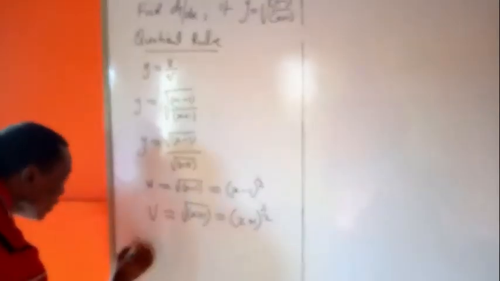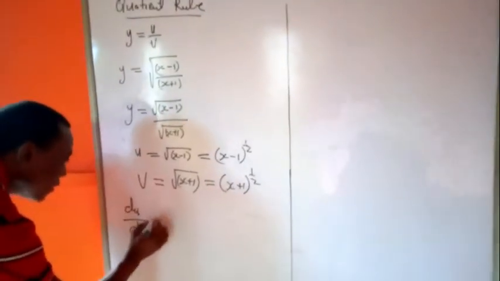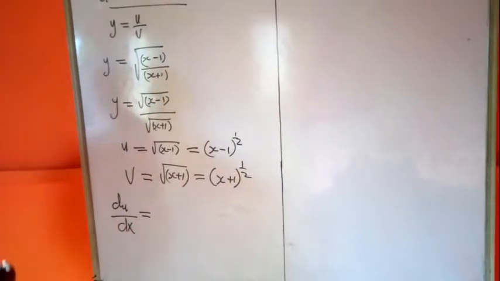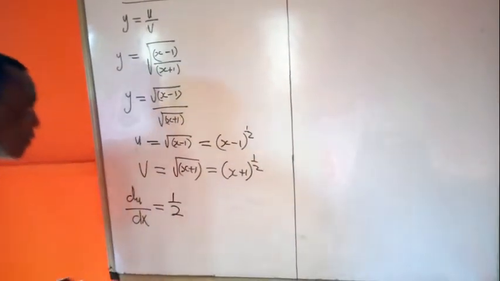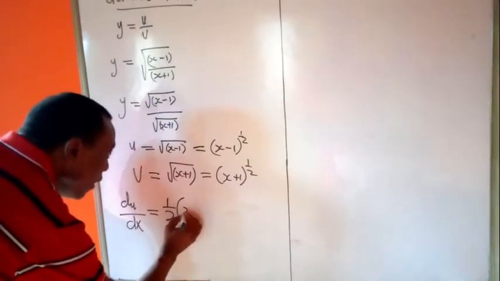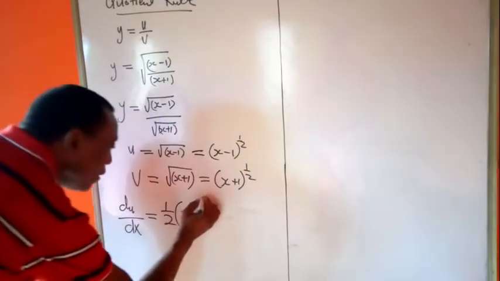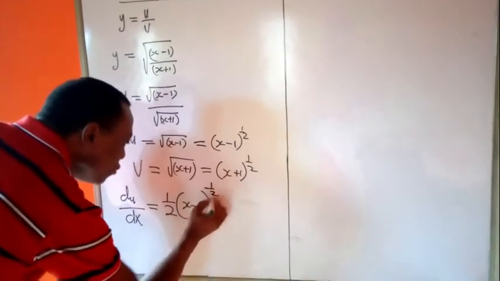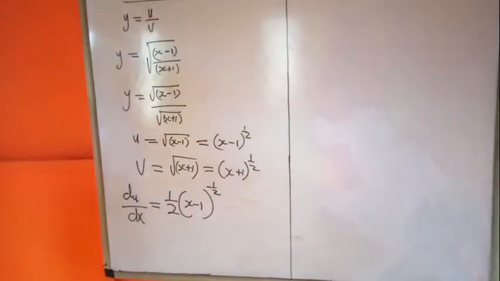So du over dx is equal to half into x minus 1 raised to power minus half. By now you should know how to do the common differentiation.